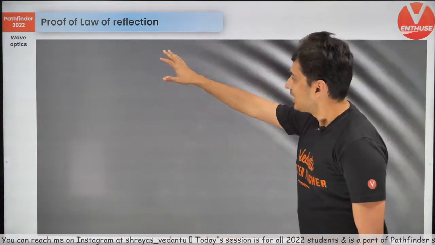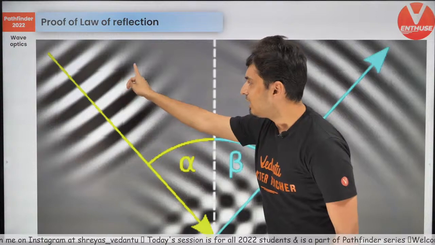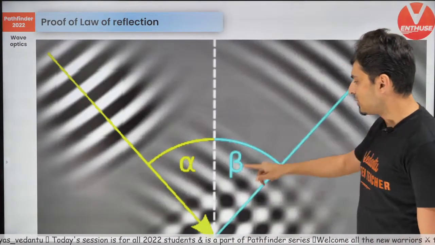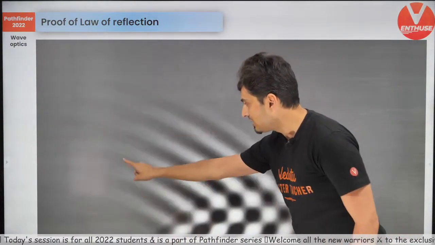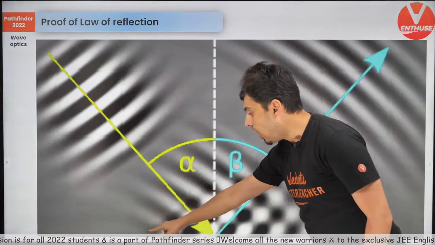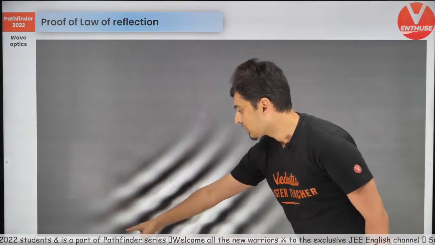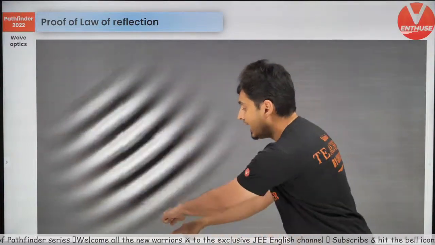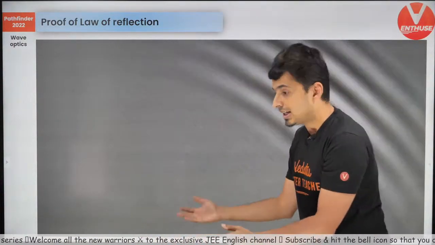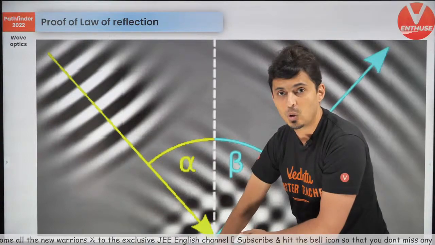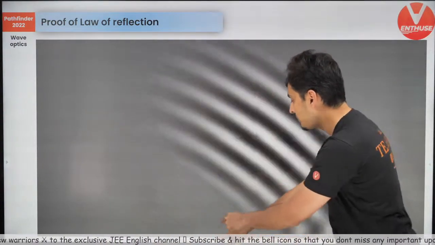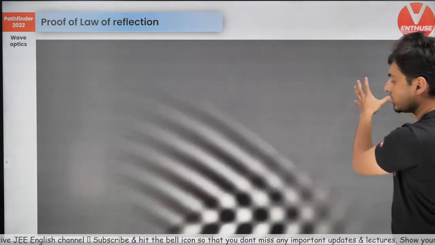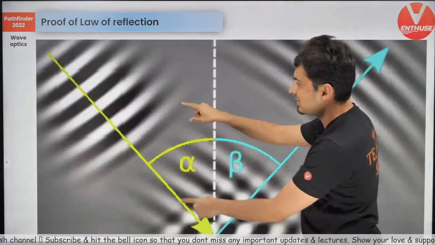So look at this, the wavefronts of light come from there and reflect back from a surface. What is happening here is, when these wavefronts reach here, all the points on this reflector, all the points on this mirror, act like secondary sources. And because it is a reflector, they do not create new wavefronts below, but in fact they create new wavefronts on the top. So that's why you will see new wavefronts being generated here, and these wavefronts go on to this side. Observe this carefully.